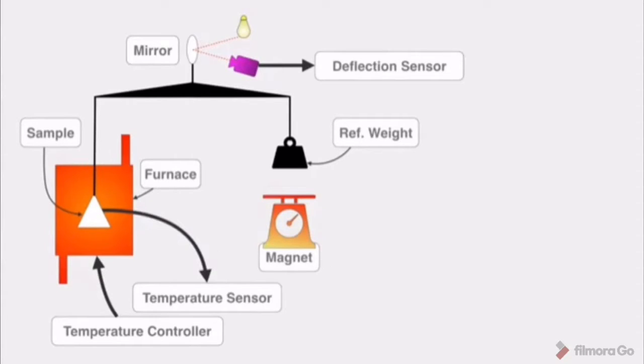First is the balance. It must be a highly sensitive analytical balance. It must be precise and accurate at experimental temperature. The commonly used balance is the current electrode balance. It functions as a null-type device by providing an electrical force to restore the beam to a predetermined position. When mass changes, the beam of the balance also changes.